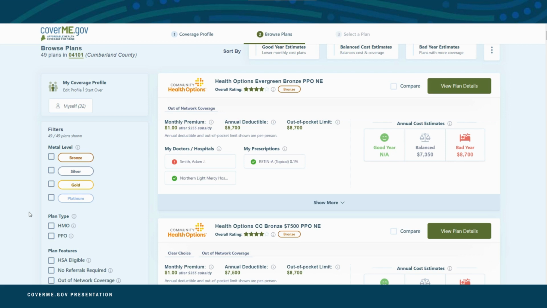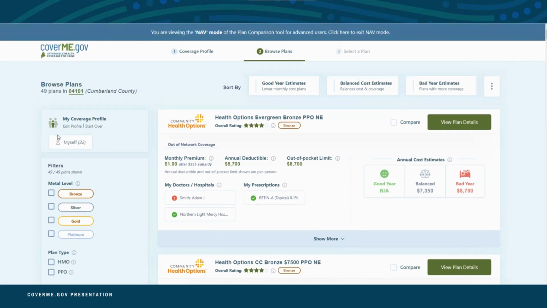Similar to metal levels, you can sort these plans by their type using the menu on the left-hand side. Additionally, consumers can select up to 3 plans to compare directly by checking the checkbox labeled Compare on each plan tile, then selecting Compare Plans.